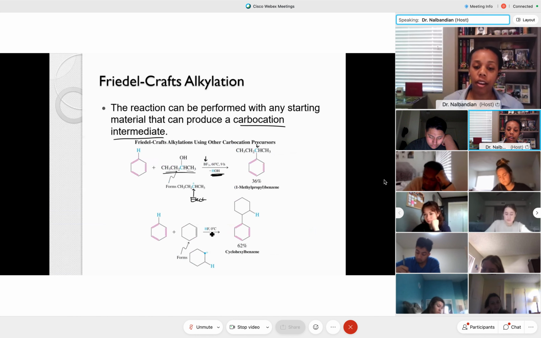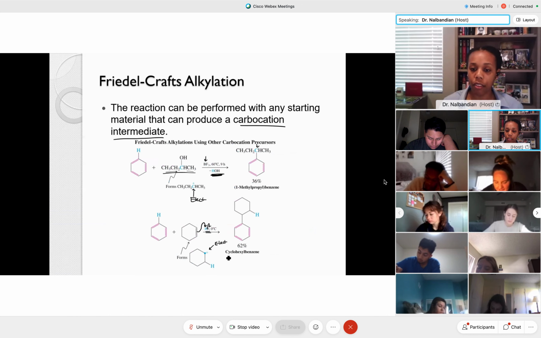Here we can do the second reaction where we have HF. What would HF be used for? Well, we know we can protonate, and then we break that bond. So if we protonate, then one of those carbons of the double bond ends up with a positive charge. And so that carbon would be your electrophile. And then you could do the reaction with this as your electrophile in order to make this product.